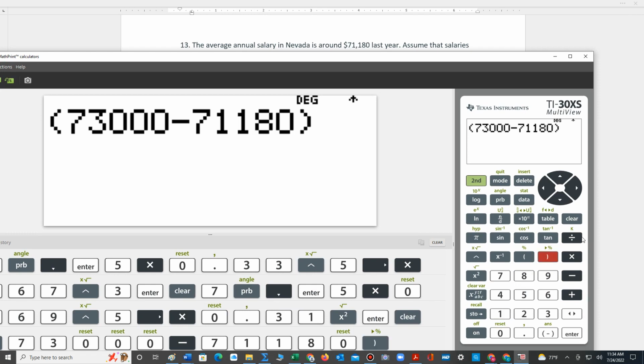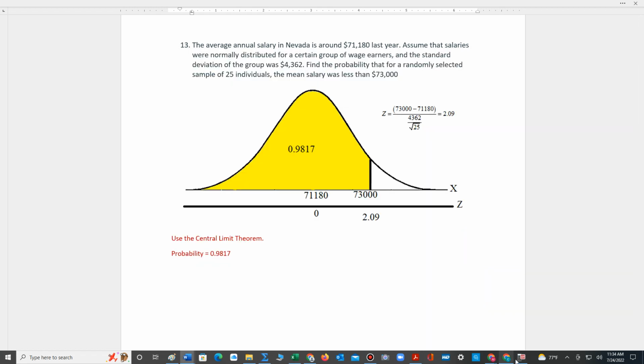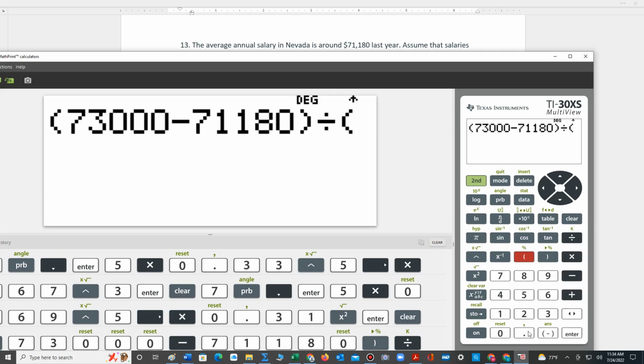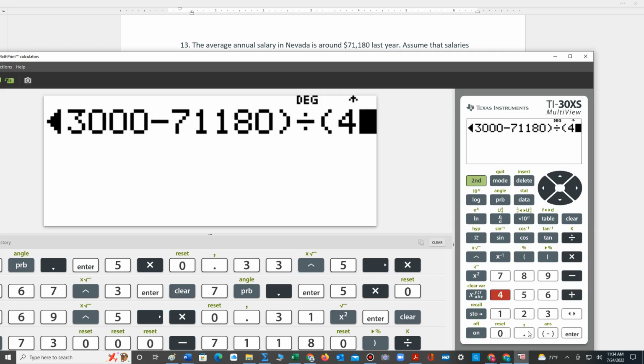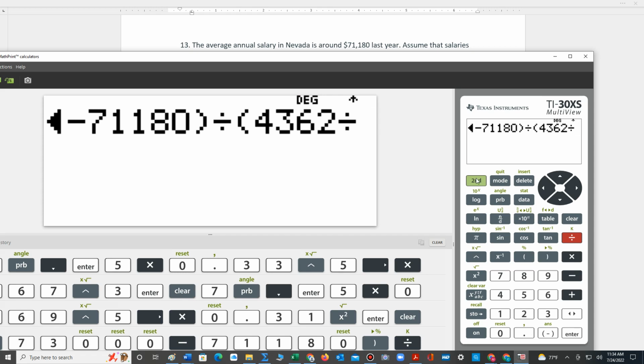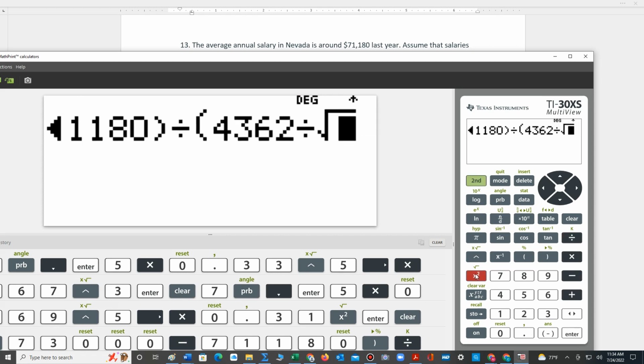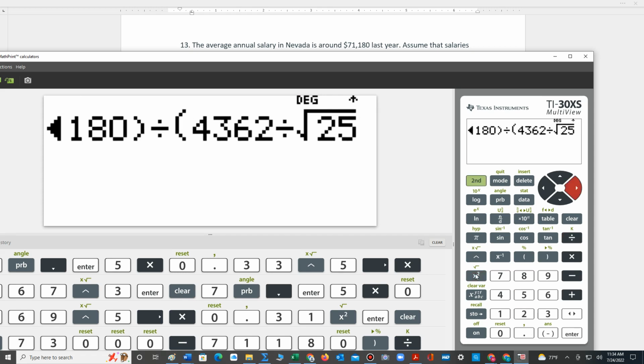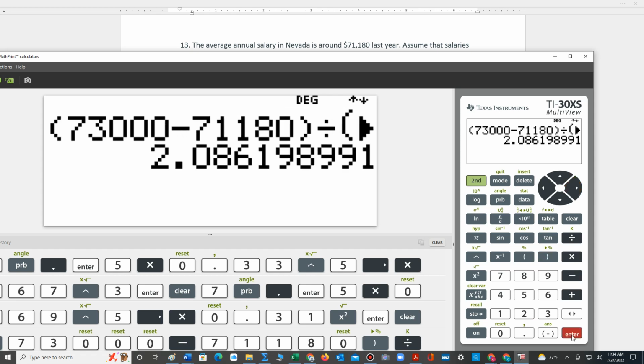Close the parentheses, divide, and now for the denominator, which is called the standard error, we open parentheses, and it's 4362 divided by the square root of 25, and then close the parentheses, select enter, and we get 2.09 as the z value.